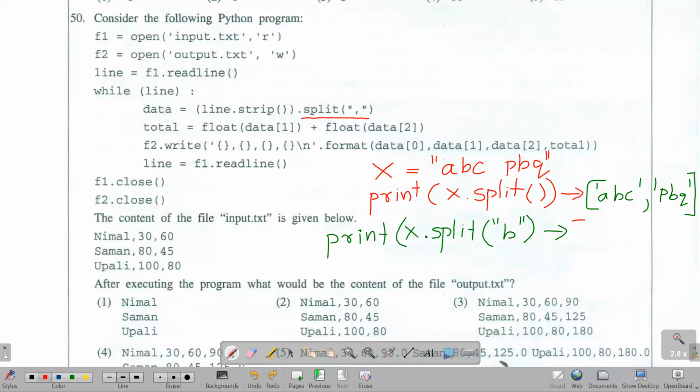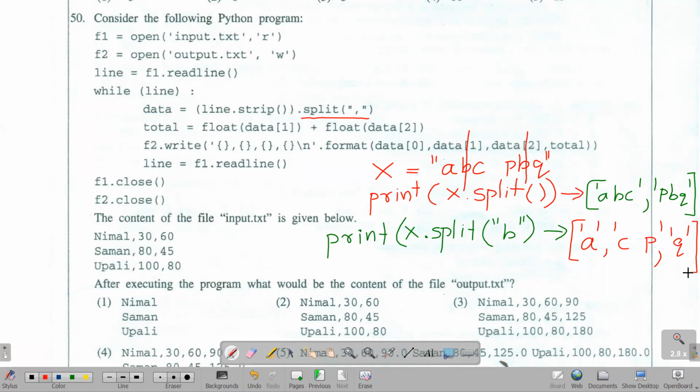Right? So it's going to give you something like this. First item that you are going to receive is A, because it splits from B. The second item is going to be C, space and P. Then it is splitting from B over here, so there is a third item as well. Third item is going to be Q. So you are getting three items, right?